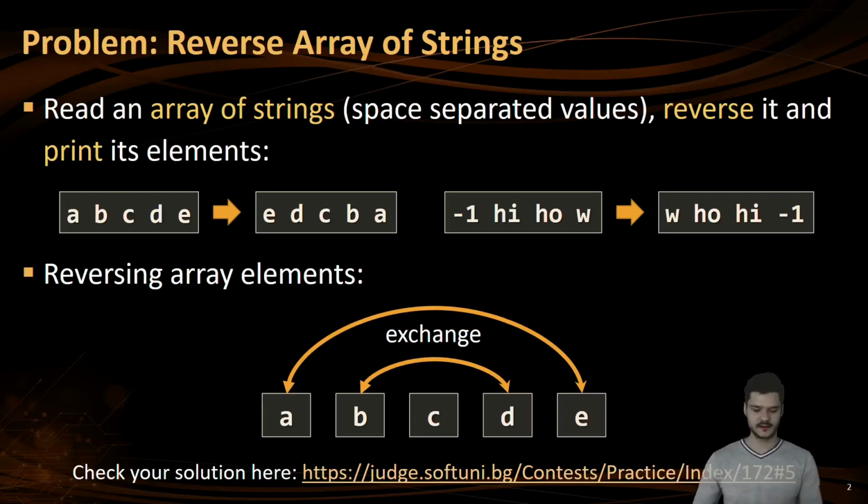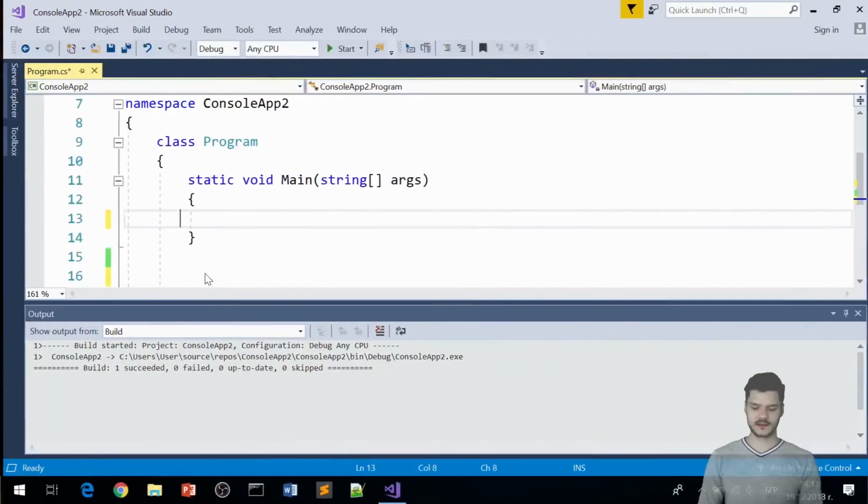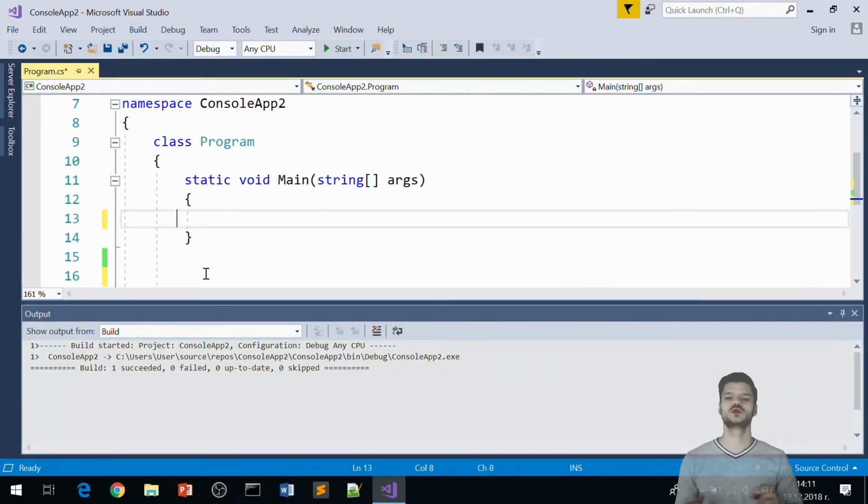As you can see, to reverse the array of strings, we need to get the last element and make it first, and so on. So let's see what we need and what we have to do.